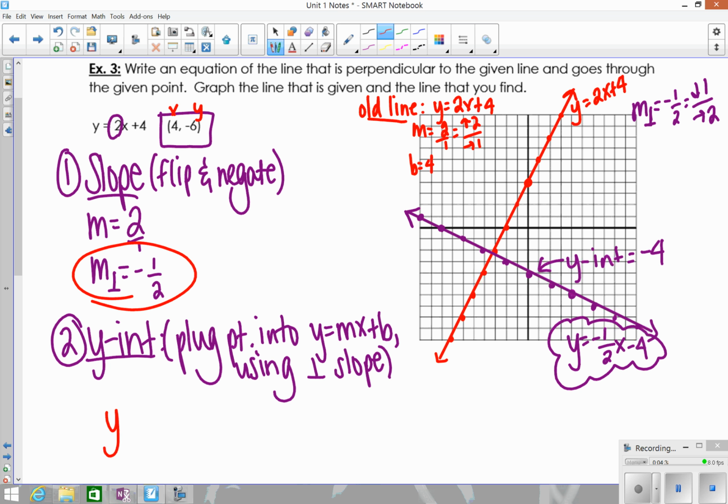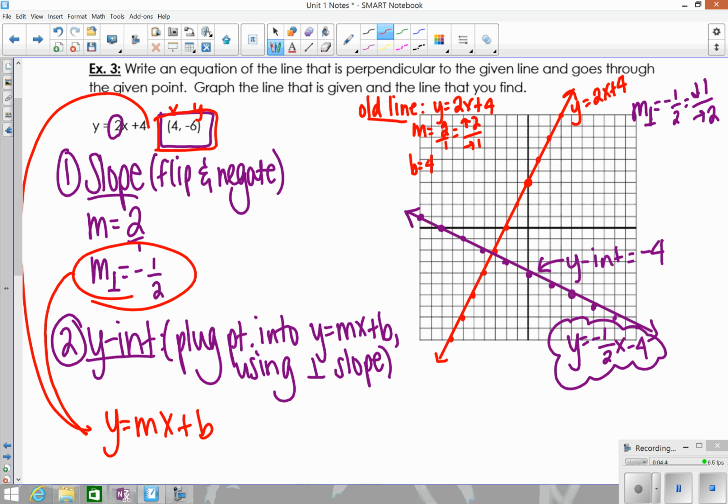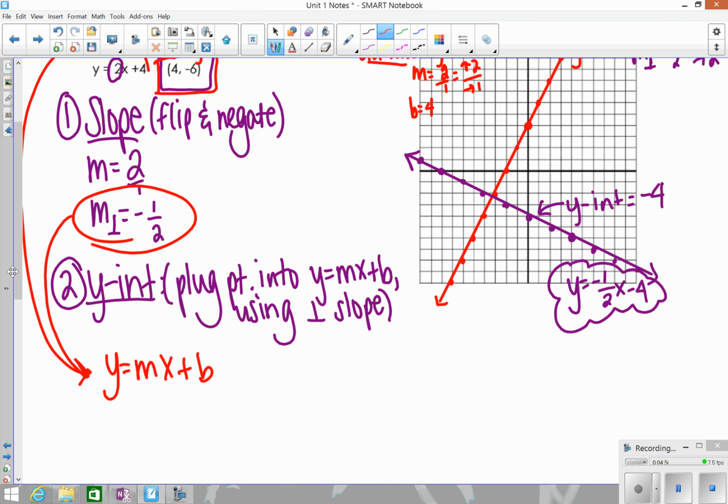So I'm going to use y equals mx plus b and plug this point and the perpendicular slope into this. So that's going to be negative 6 for y, negative 1/2 for m, x is 4, and then I solve for b. Algebraically, I should get -4.